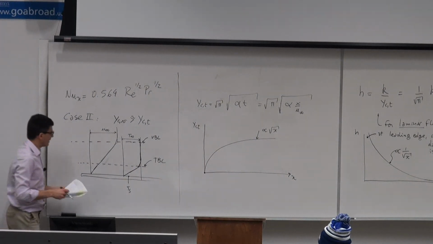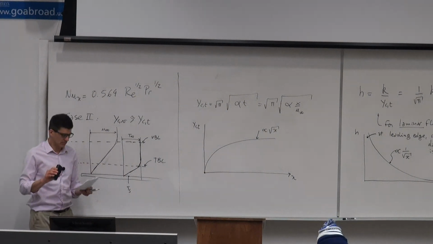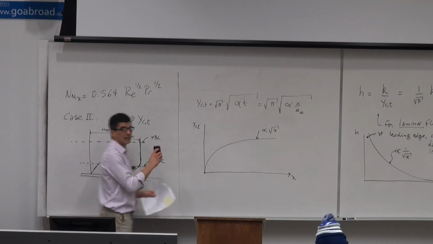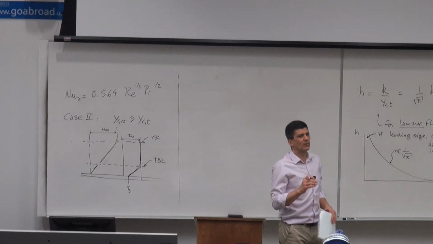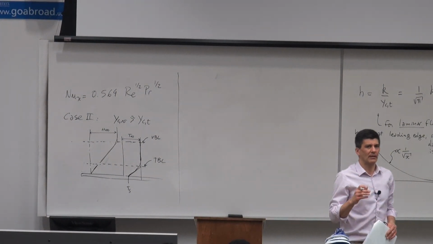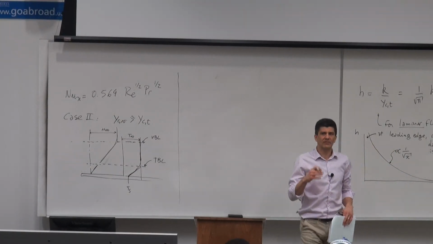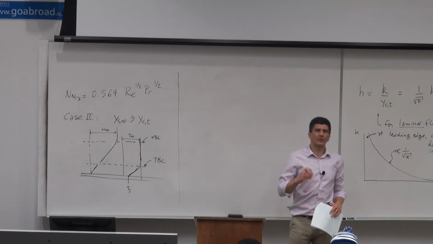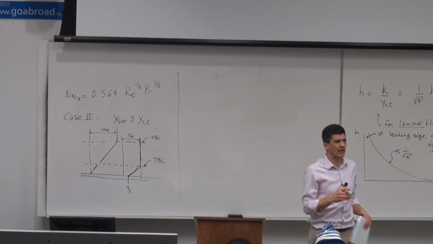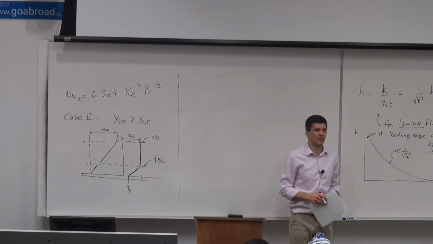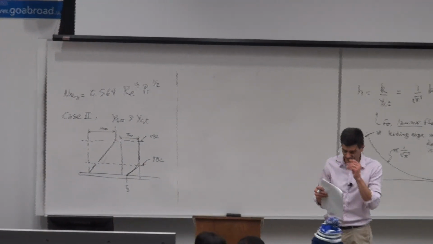So let me tell you some more about the viscous boundary layer, right? And here's something important. Remember I mentioned to you a few classes ago that conduction heat transfer is very similar to mass transfer and very similar to fluid mechanics and even in some cases electromagnetics. They are all part of a family of equations called parabolic equations. You don't need to know that, that's not in the exam.